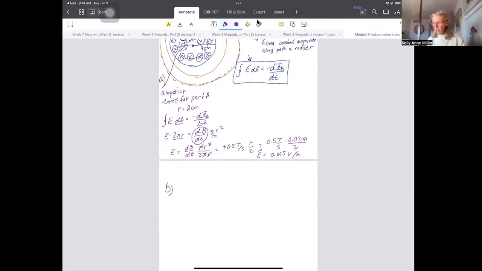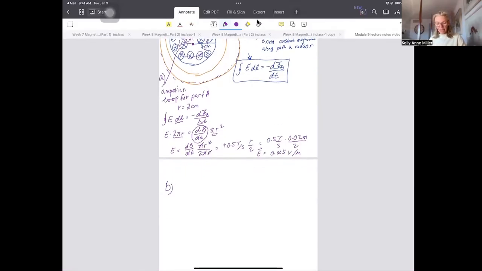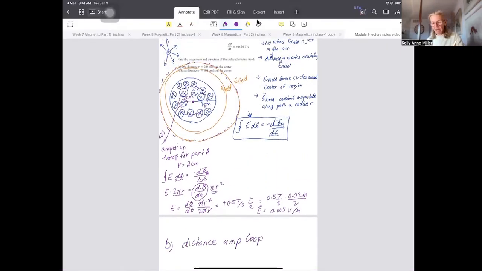Okay. So I follow the same exact, the distance of my Amperian loop is, and I'm calling it an Amperian loop just so that you remember, because it's the same math as Ampere's law.